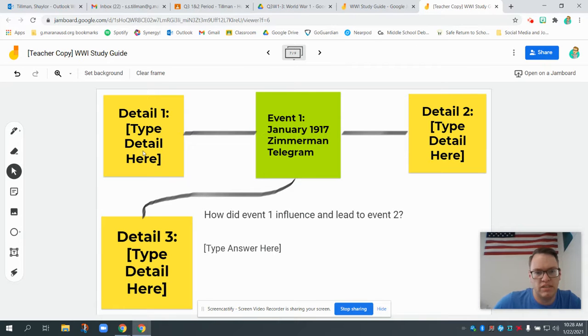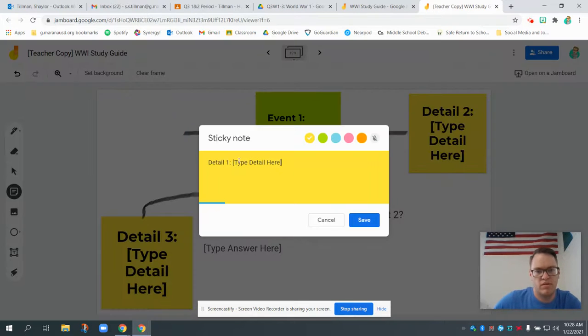So the three details for the events we're going to do first. First detail we're going to type here, and we remember that the Zimmerman telegram is a German message to Mexico. You could further elaborate on that if you wanted to, but in its simplest, it's a German message to Mexico. I'm actually going to add here, trying to get Mexico to attack the United States.